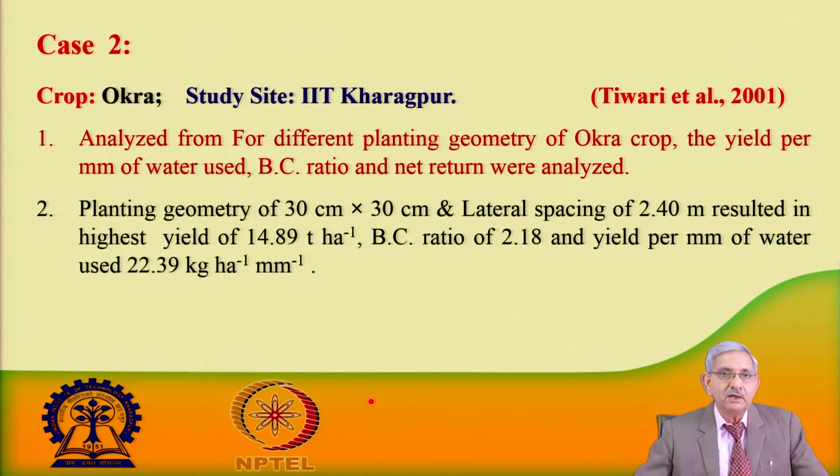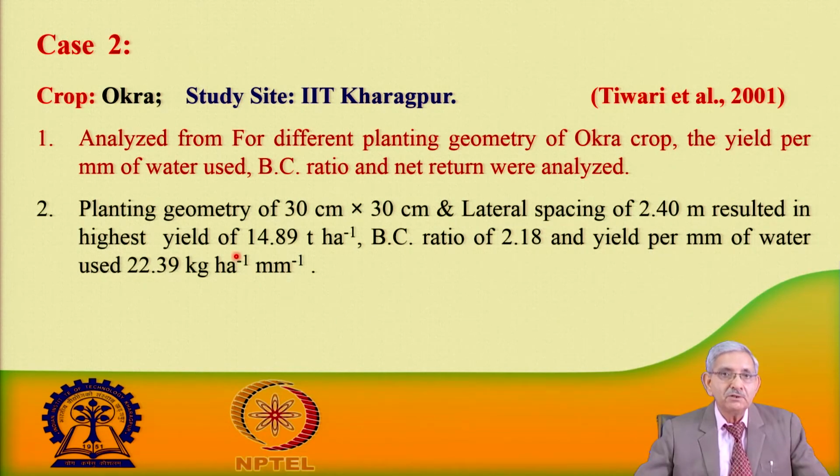That is one study. Then a similar study we carried out for the okra crop at IIT Kharagpur by my group. They did the work, and what they found is that the planting geometry for okra should be 30 centimeter by 30 centimeter and lateral spacing of 2.4 meter.